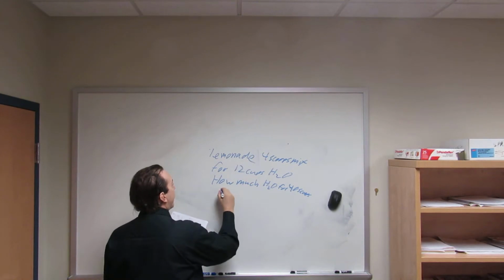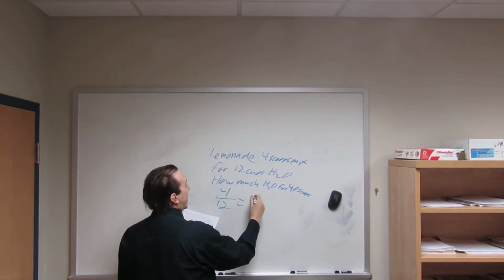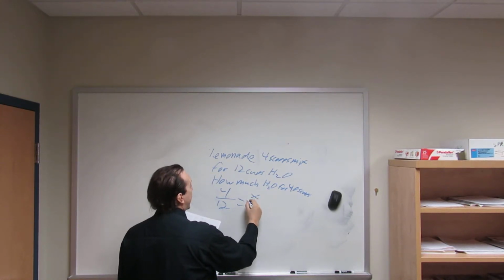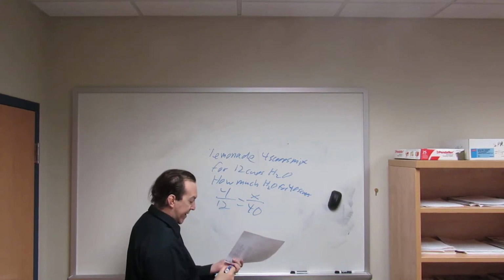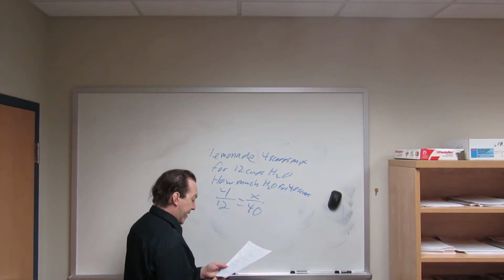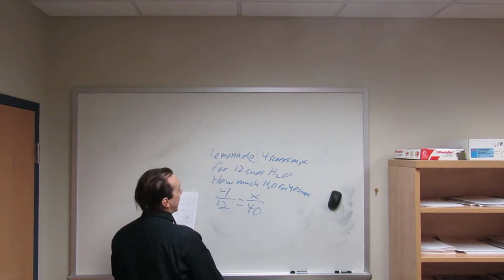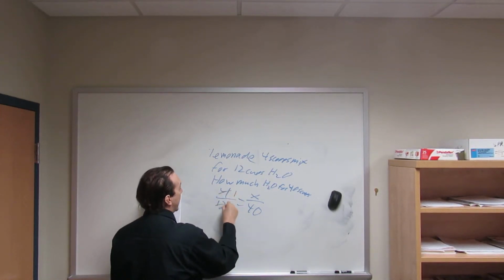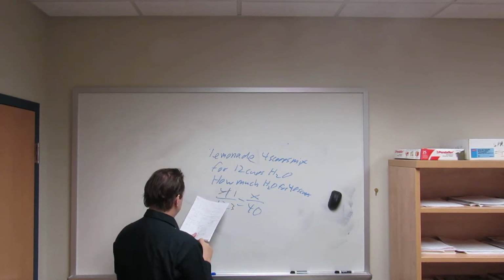So we're going to say 4 is to 12 as X is to 40. To make this easy, we can simplify the 4 and the 12. Divide both of these by 4. This becomes a 1. This becomes a 3.